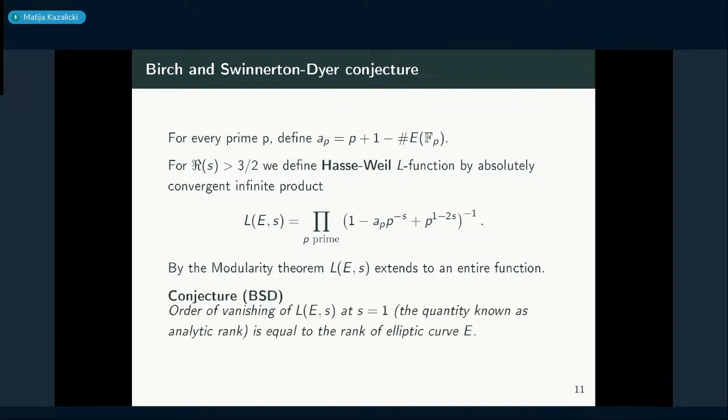And the BSD conjecture, or Birch and Swinnerton-Dyer conjecture, conjectures that the order of vanishing of this extended L-function at s equals 1 is equal to the rank of the elliptic curve.